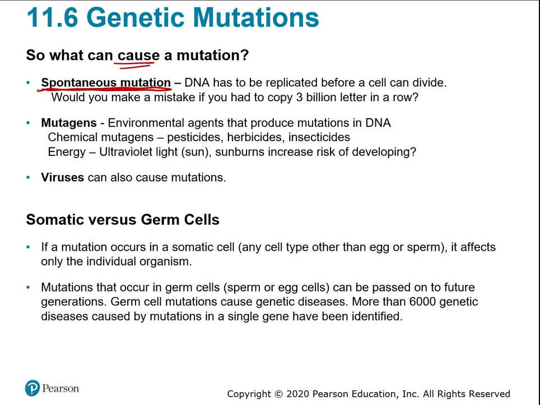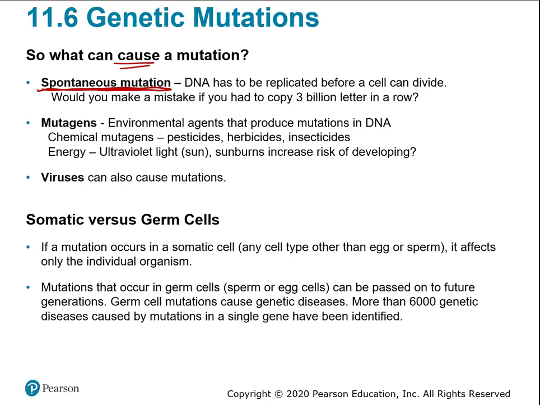When your growing cells need to divide, they have to double their DNA. So that means they have to take 3 billion nucleotides and make 6 billion. And if you had to read 3 billion letters, do you think you would ever make a mistake? Yeah, I make a mistake when I'm trying to type 10 letters, okay? Backspace, backspace, backspace. Start again, backspace, backspace. I do it all the time.